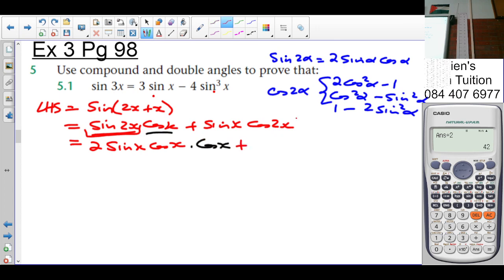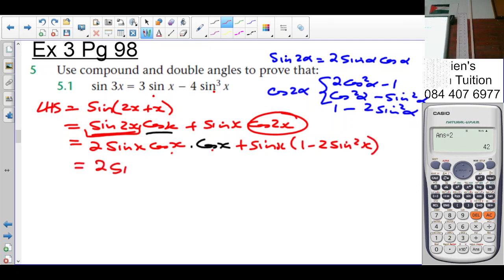plus, which one of the three am I going to choose for cos 2x? 1 minus 2 sine squared x. So it's going to be sine x into 1 minus 2 sine squared x. Okay. This here is cos times cos, which is cos squared, so it's 2 sine x cos squared x plus sine x minus 2 sine cubed x.